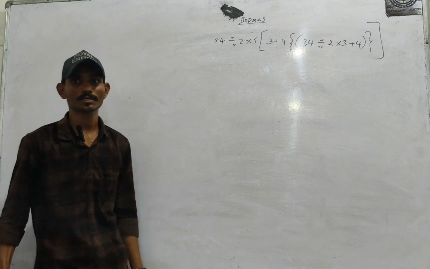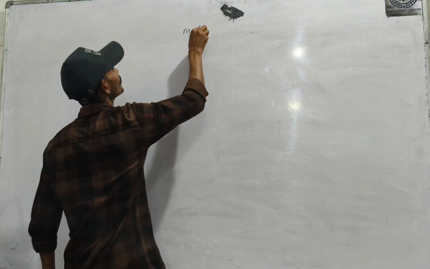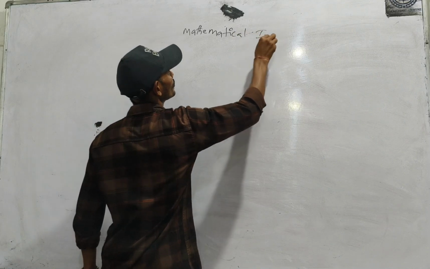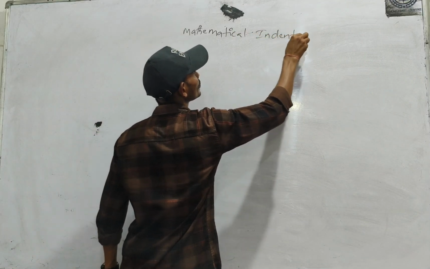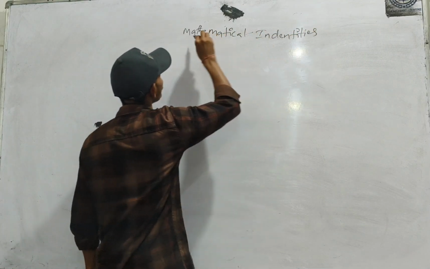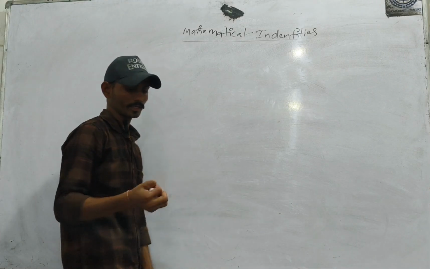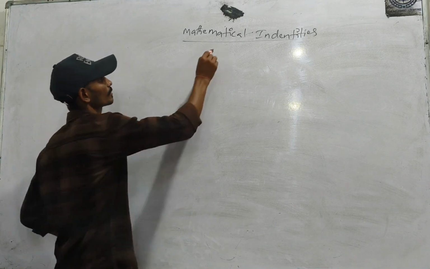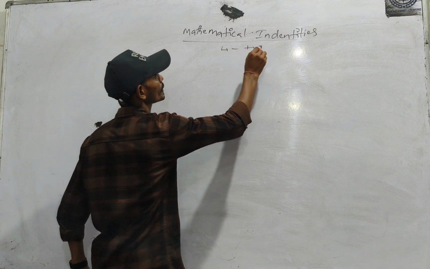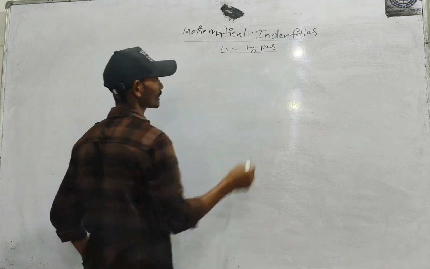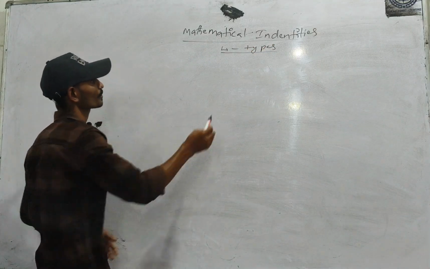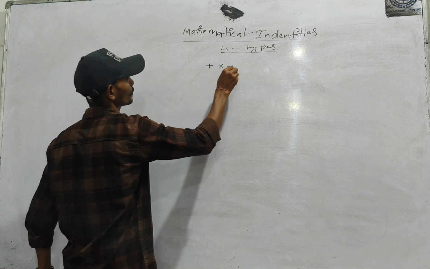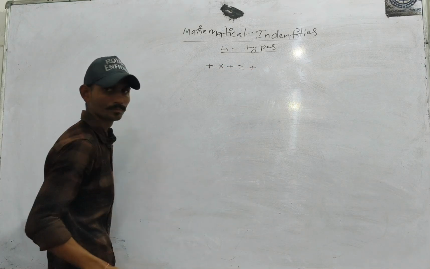Okay, now the next concept is mathematical identities. Mathematical identities are of four types. So take positive value into positive, that answer becomes positive.